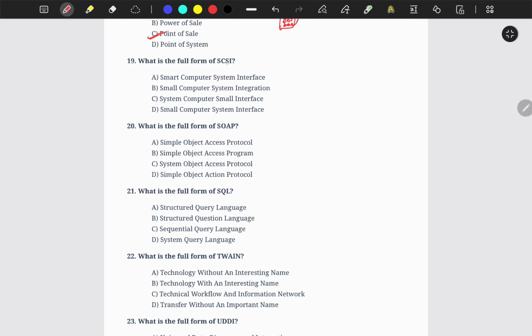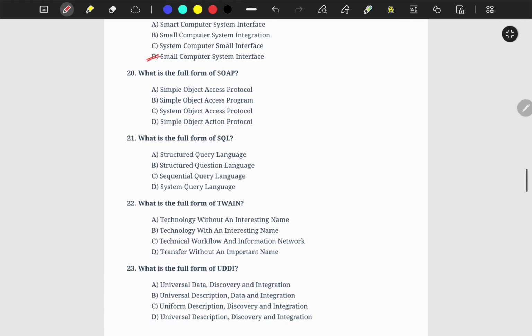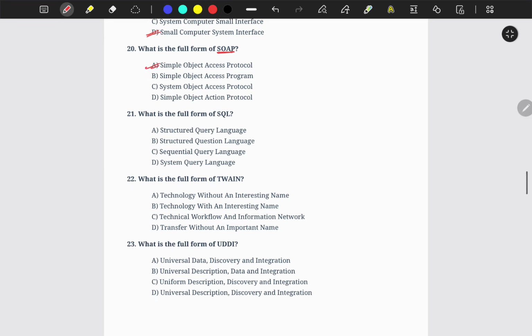Question number 19. Full form of SCSI. The correct answer is option number D. Next question. What is the full form of SOAP? It is option number A, Simple Object Access Protocol.